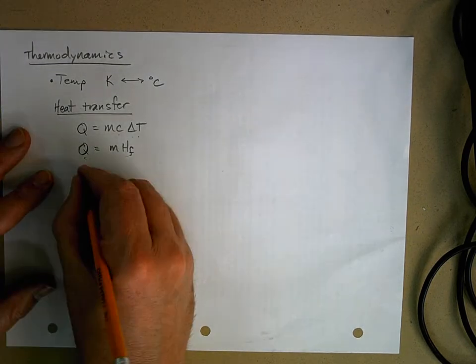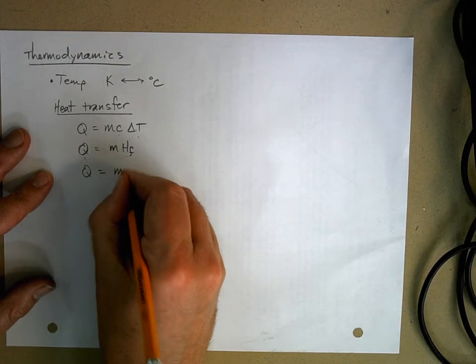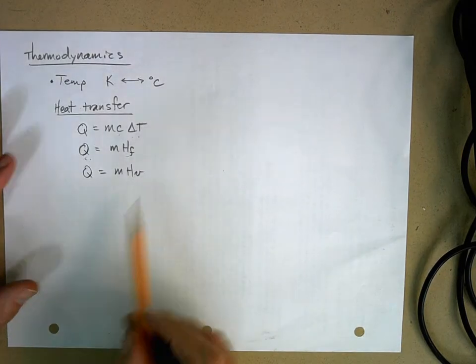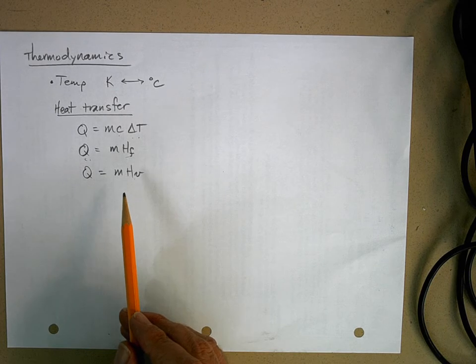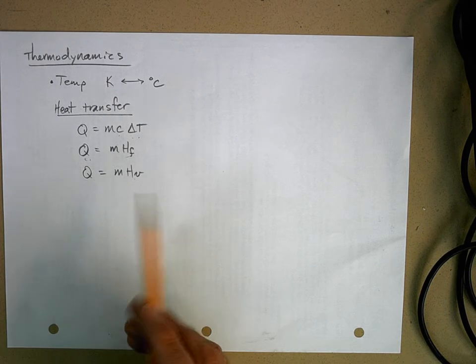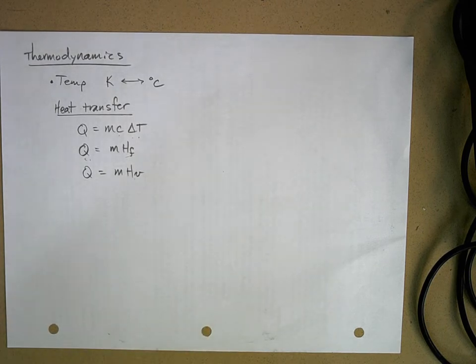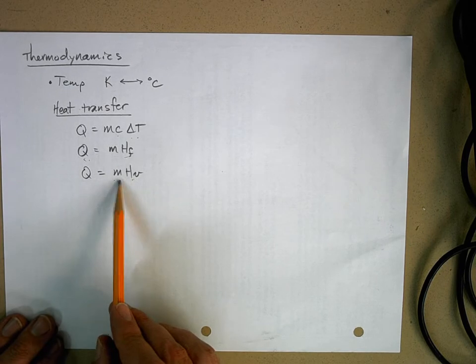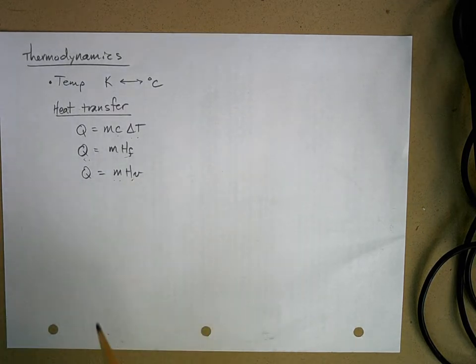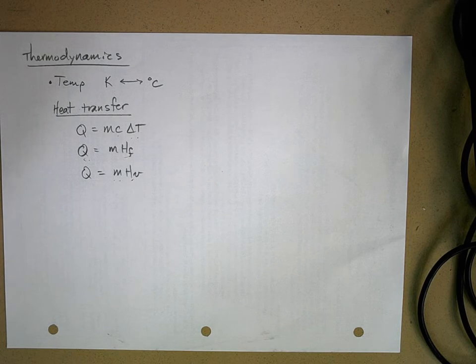And of course, we had one more phase change, the heat of vaporization. This tells you how much energy it takes to vaporize an object. So if I have a glass full of water and I boil it away, the mass of the water that got boiled away times this tells you how much heat you had to put into that water to get it to boil away into a vapor.